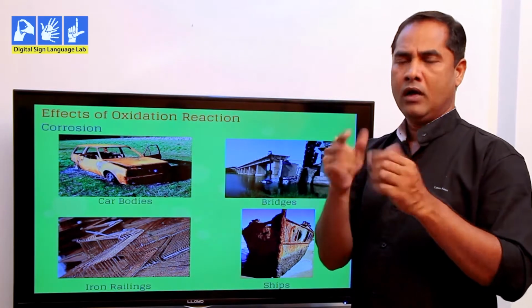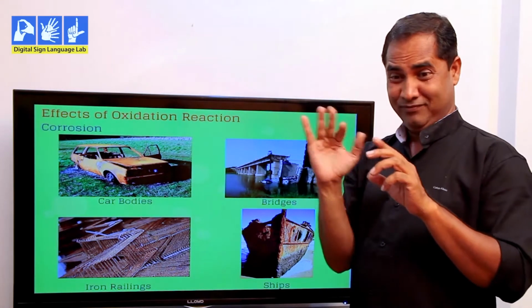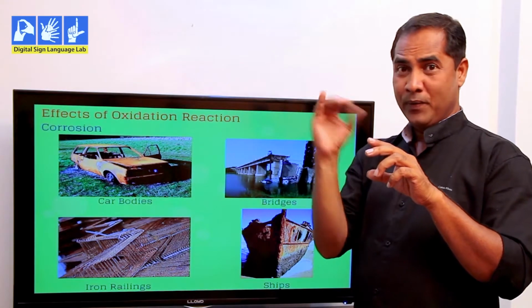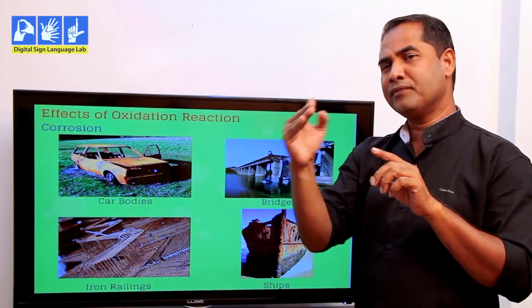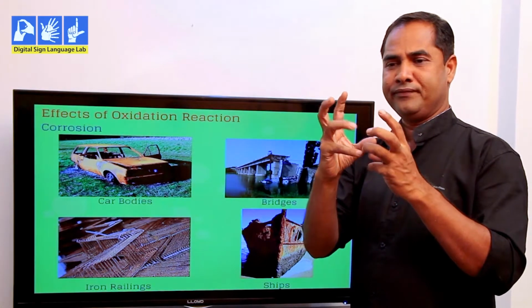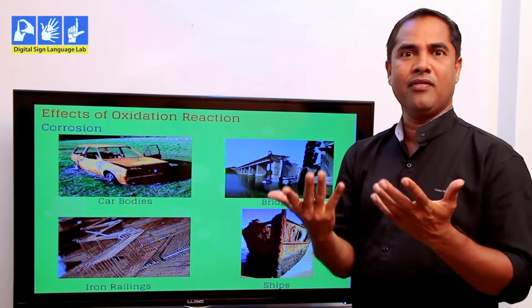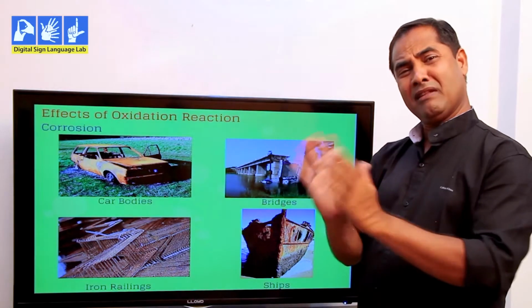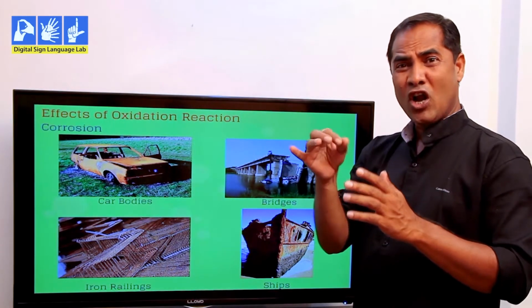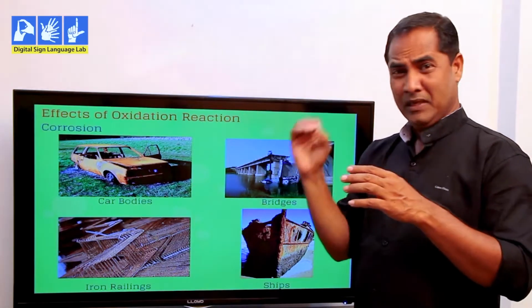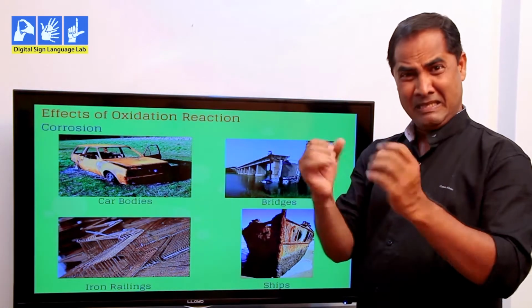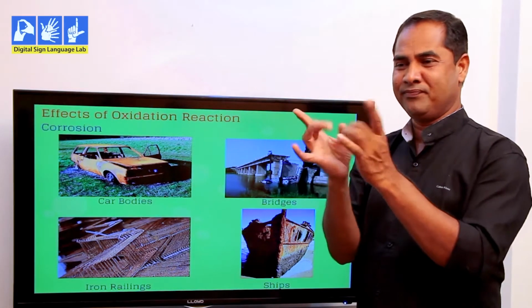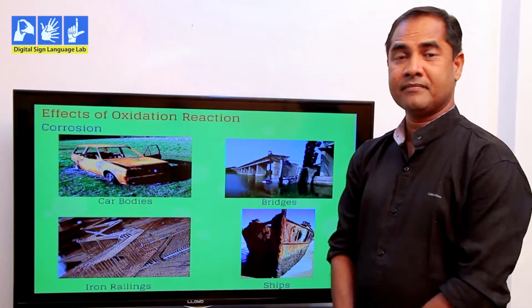So it is important to make a film to prevent contact with oxygen and moisture. Otherwise, in a few years, the entire building can collapse. Similarly, if you see these ships, because of the salt water and wind and moisture, even the strongest ship can sink.